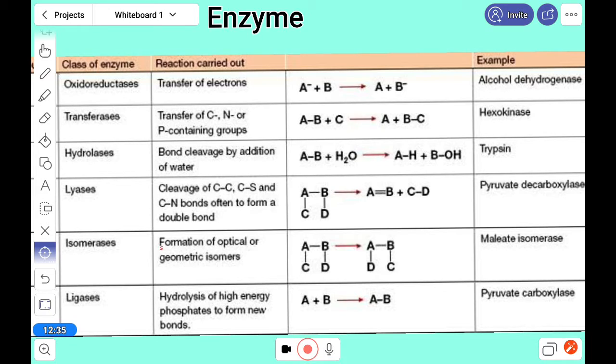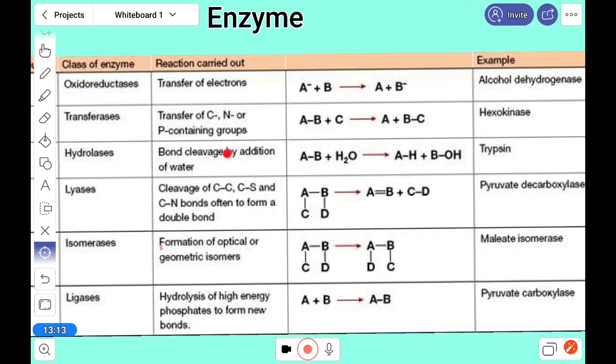In transferase, different functional groups like carbon groups, nitrogen, sulfur, phosphate containing groups can be transferred. It means that if AB is there, then C is transferred, giving A and BC, this kind of transfer can happen. Hexokinase, cytochrome oxidase, glutamate dehydrogenase, so different examples. Hydrolase is simple, the enzyme cleaves the bond with water.